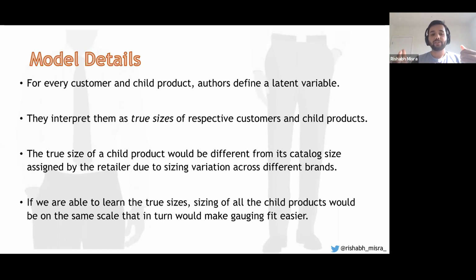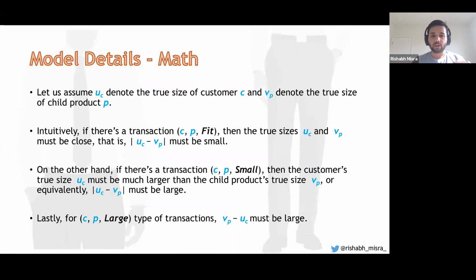So essentially what we are trying to do is bring everything onto the same scale, which is the true sizes for all the products. And then against that scale, we'll see whether it will fit the customer or not.